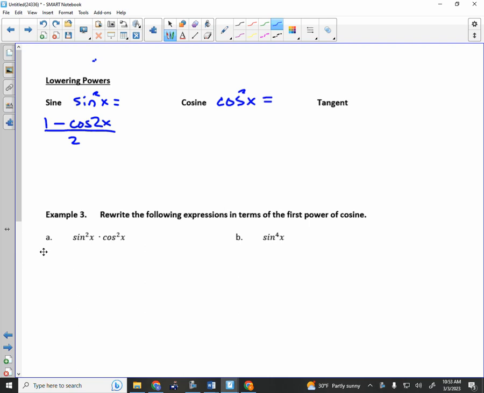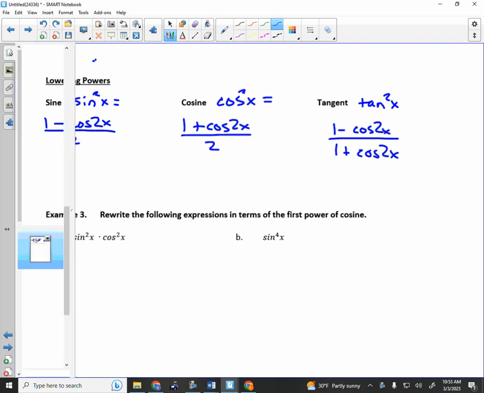The cosine squared is 1 plus cosine of 2x all over 2. And so the tangent squared happens to be 1 minus cosine of 2x divided by 1 plus cosine of 2x. And there we have our three formulas. Everybody okay there?